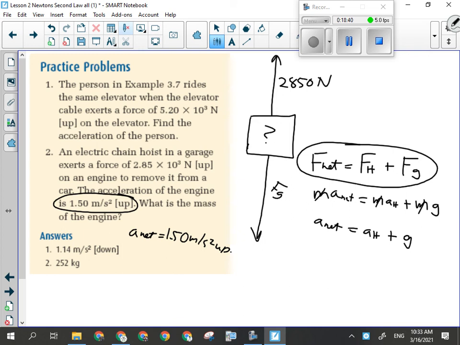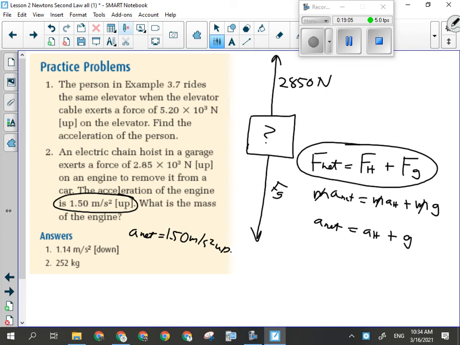Do I know what g is? Yes. Can I find something I didn't have before now? I can. I can find the acceleration the hoist would produce were it working in isolation. That is, what acceleration could the hoist produce if there were no other forces working against it?